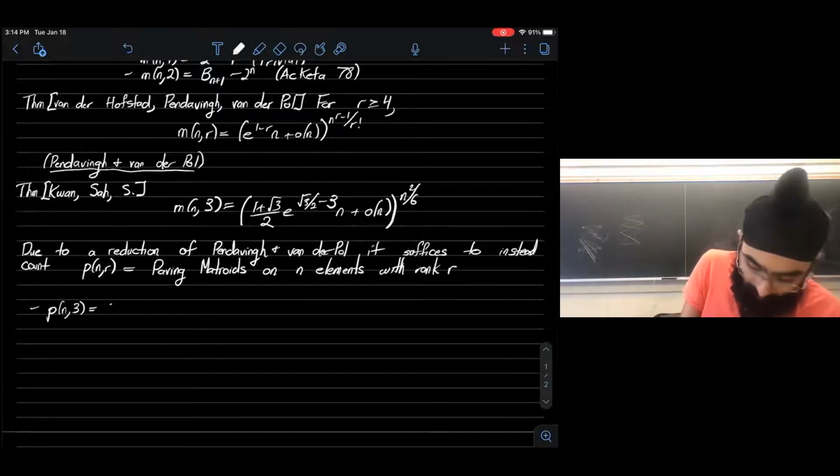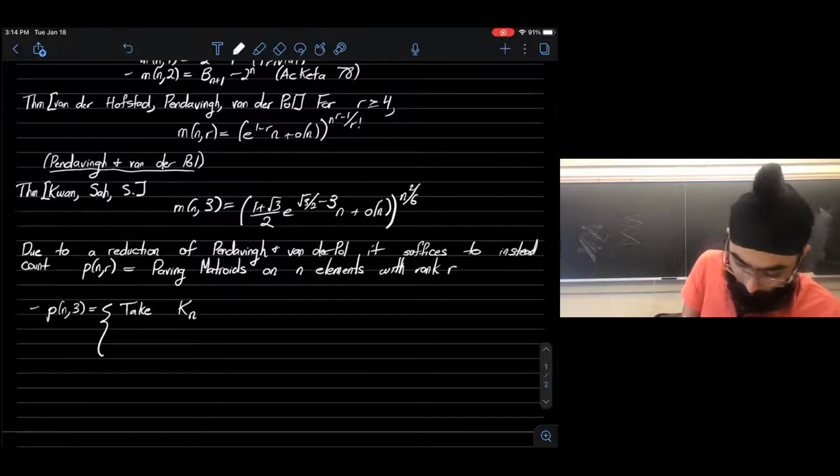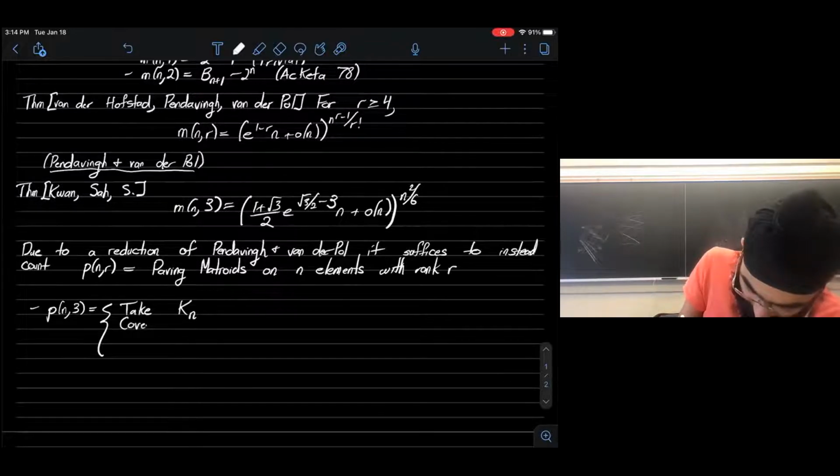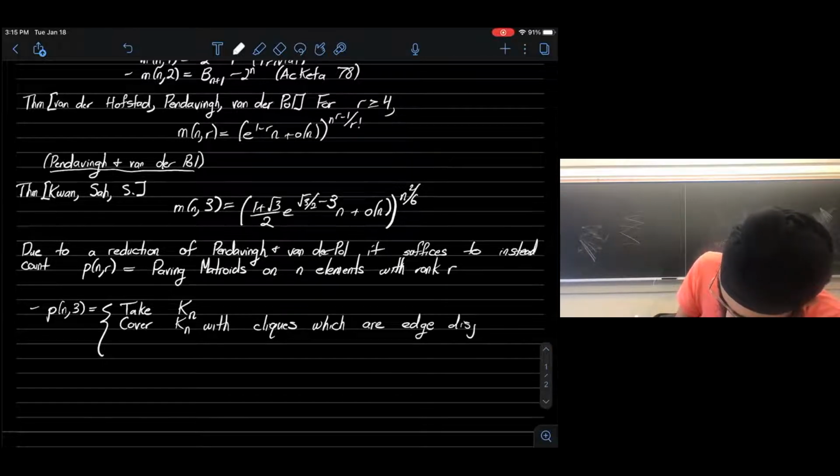You take Kn, the complete graph on n vertices, and cover Kn with cliques which are edge disjoint, but cover every edge.